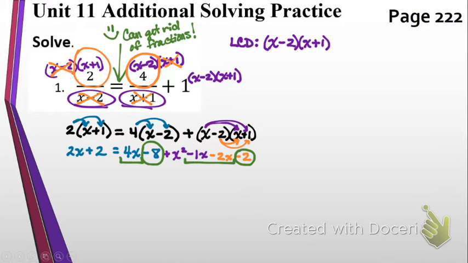All right, so I'm going to recopy the left-hand side for right now. 2x plus 2 equals, is there a like term for the x squared? Nope, so I'm just going to write it down. x squared. Just x, because I have 4 minus 1 minus 2 more leaves me with just 1x. So plus 1x. And then you said how much? Minus 10.